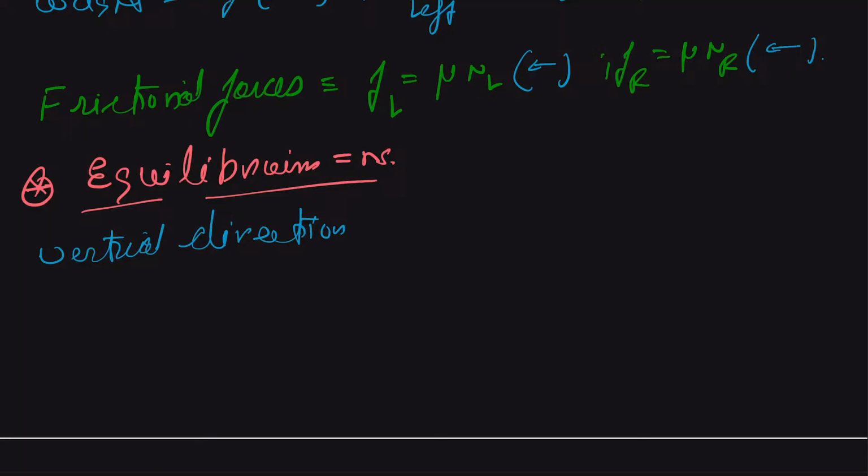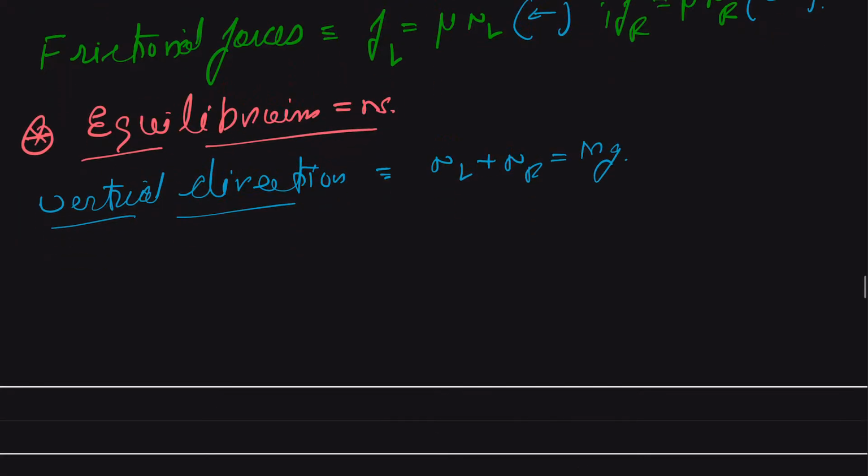In the vertical we have the normals upward and mg downward, so we get NL plus NR is equal to mg.